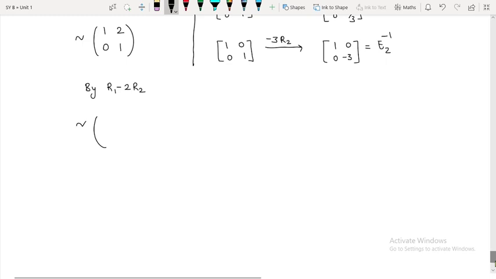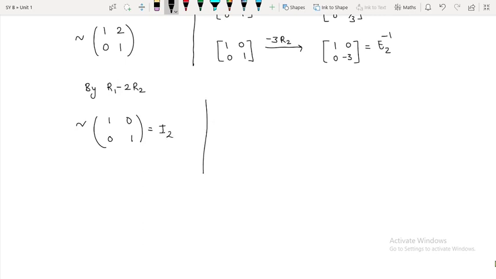So this will be equivalent to 0 1, the second row will be as it is. The first entry in the first row also will be as it is, because it will be 1 minus 2 multiplied by 0, that is 1, and this will change. So 2 minus 2 multiplied by 1 is 0. So which is our I2? That is what we wanted.